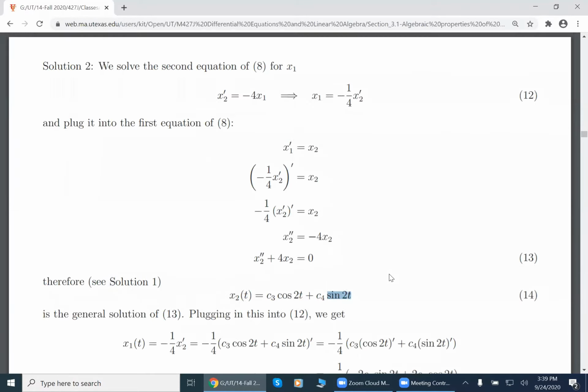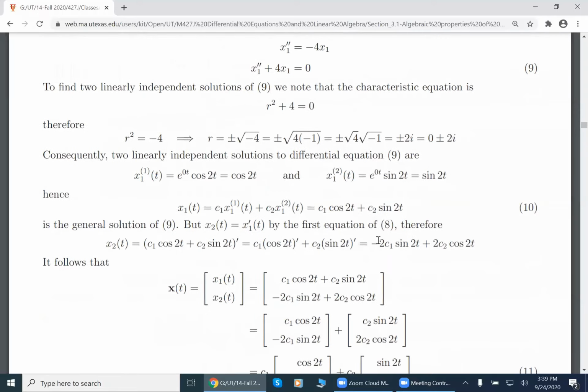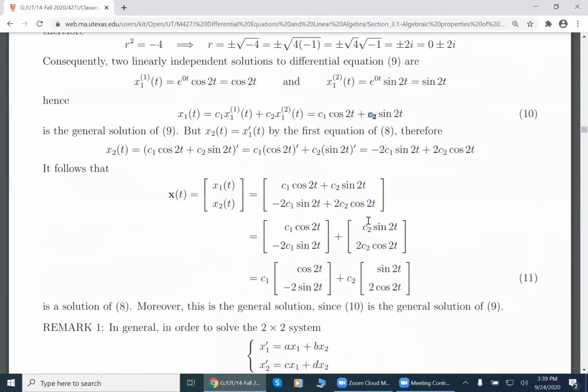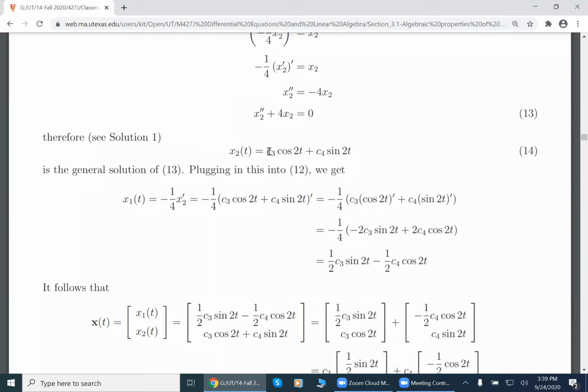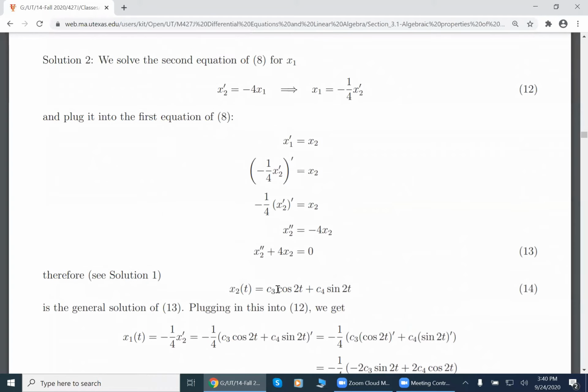Basically, fundamentally, it's the same formula as before. However, to avoid confusion, instead of C1 and C2, I use C3 and C4. Now, it's time to use this formula in this equation. We replace x2 by this, done.